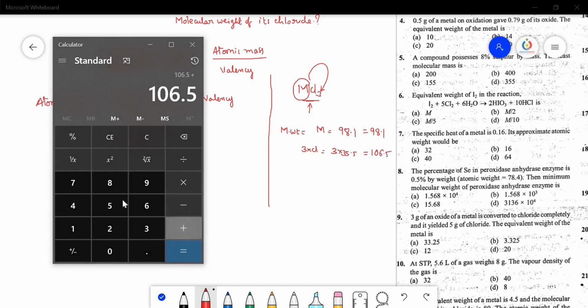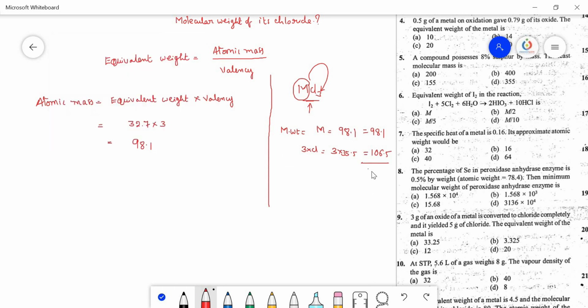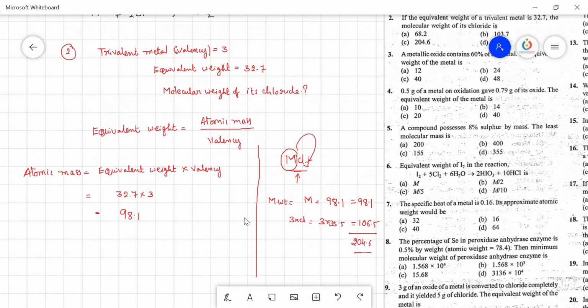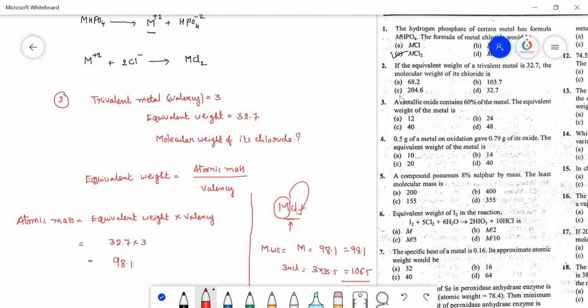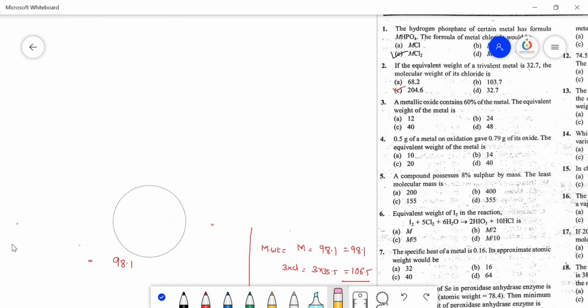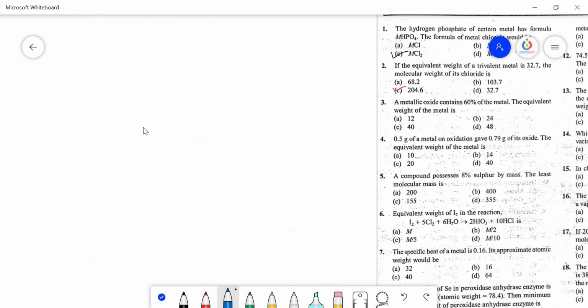Then add 106.5 plus 98.1, that is 204.6. Total molecular mass is 204.6. So let us see which option is correct here. Option C is correct. Initially we calculate the atomic mass of the metal, then the molecular mass. All these formulas were given in the previous video, you just watch it.